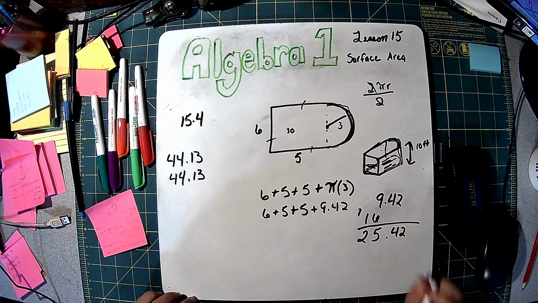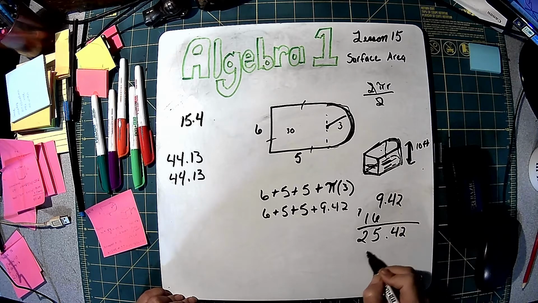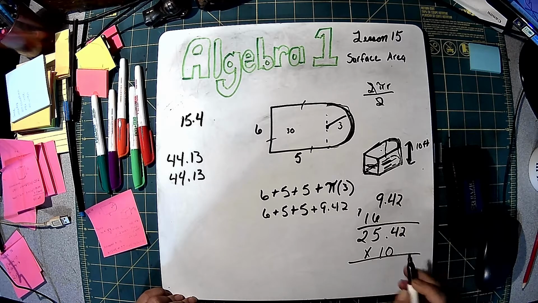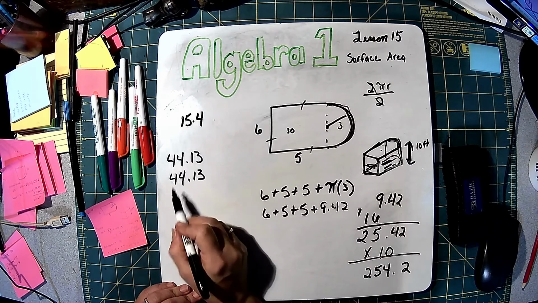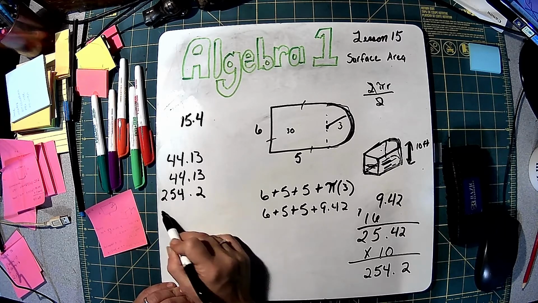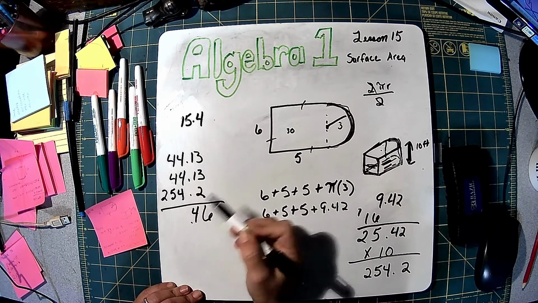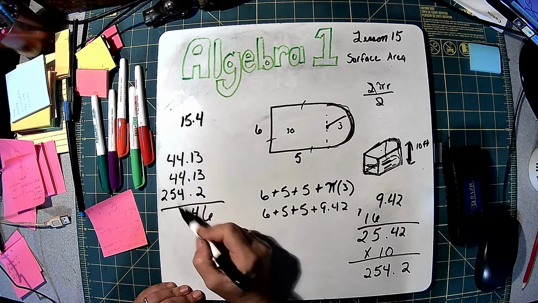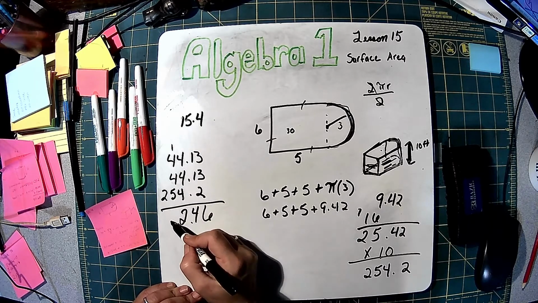Okay, and then I have to multiply that times the height, and the height, it tells us, is 10. So if I multiply that times 10, I'm going to get 254.2. Okay, and then I have to add that to my two bases. We would get to 346. 3 times 4 is 12. Carry the 1. That'll be 14.